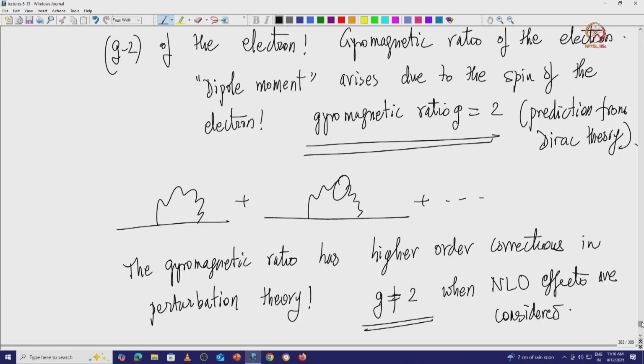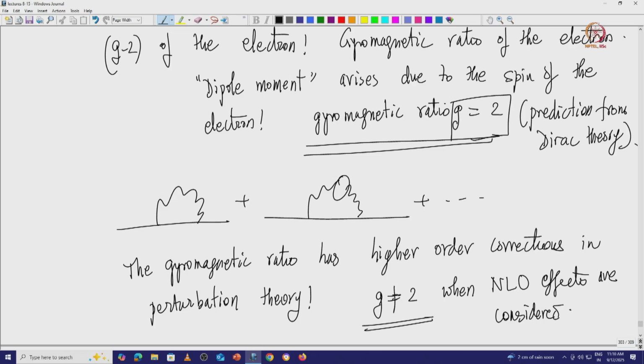If you put the Dirac theory in an electromagnetic field, which we have been doing so far, the g of the electron should be equal to 2.